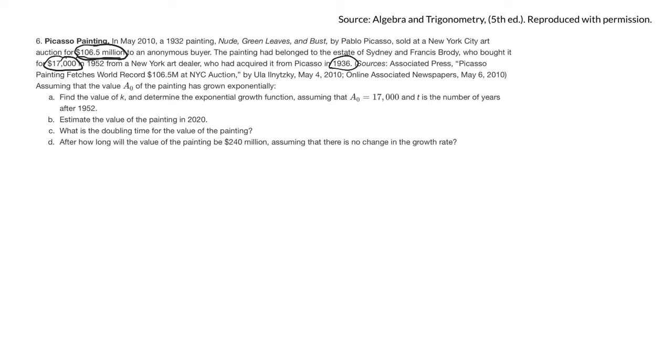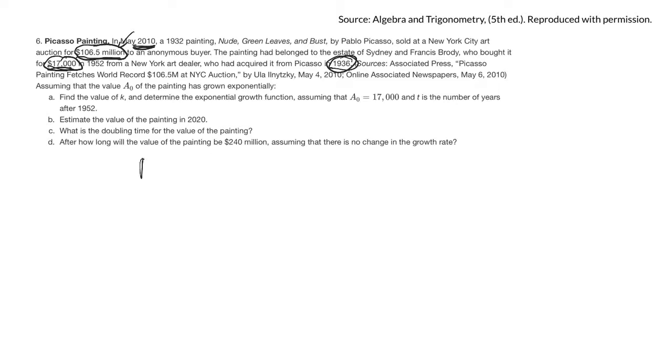So 1936 is when the guy bought it for 17,000, and then in May 2010, that's how much it was worth. And in 1936, this is how much it was worth.